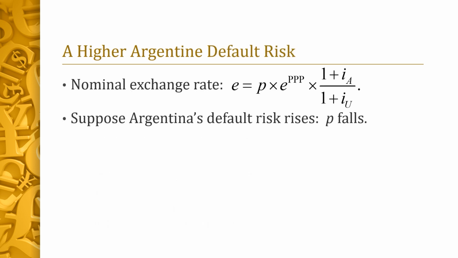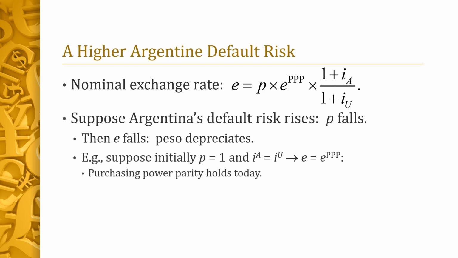Finally, suppose that the Argentine default risk rises. The repayment probability P falls. Then, by the formula, the nominal exchange rate E must also fall. The peso declines in value. For instance, suppose that initially the repayment probability P equals 1.